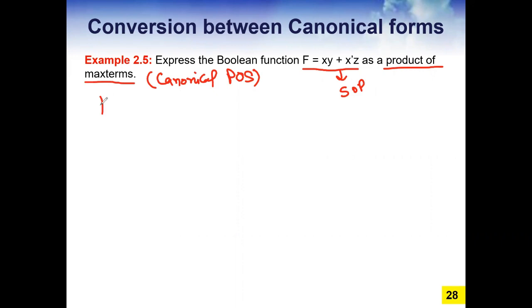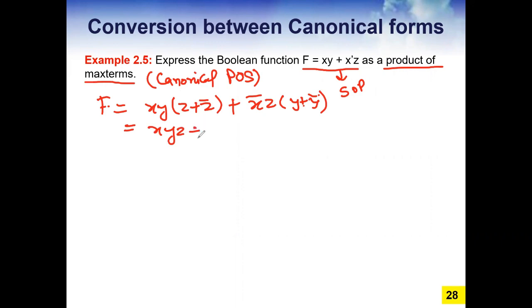So here we can say f is equal to xy, and here we can say z plus z complement. Similarly, x complement z. What is missing? y plus y complement. So we can go: xyz, xyz complement, x complement yz, x complement y complement z, girls. Is there any repeated term? No. So we have to find the product of max terms basically.